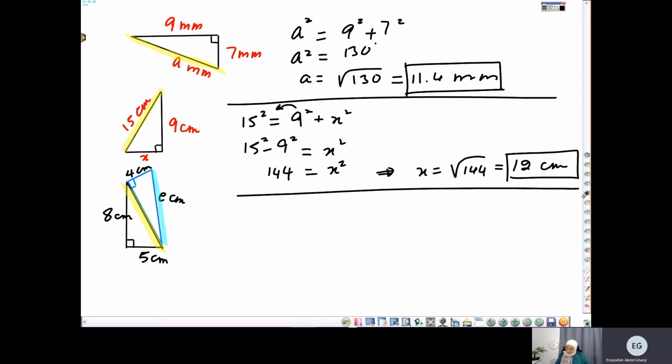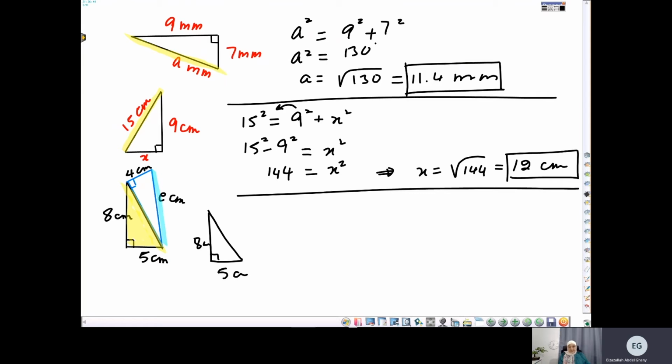Now the third one. Oh, we have two triangles. How to start? You have to start with the triangle which I'll highlight now in yellow, because simply this triangle has almost all the information you need. It has 5 centimeters and 8 centimeters, and extracting the triangle will make it easier for you. You tell me, what shall I name the hypotenuse?